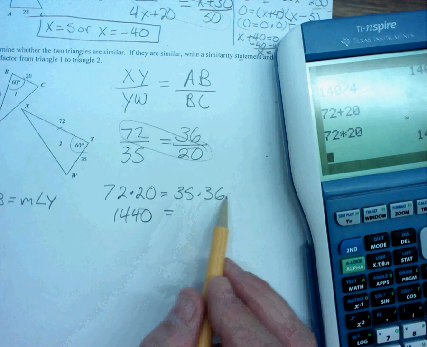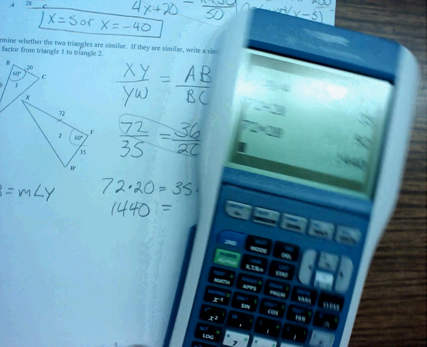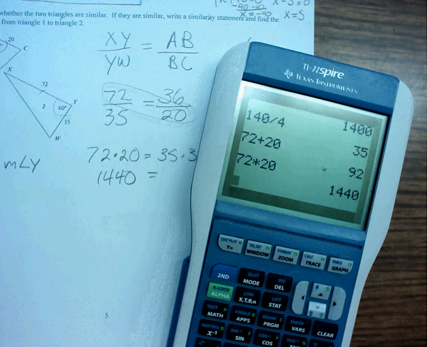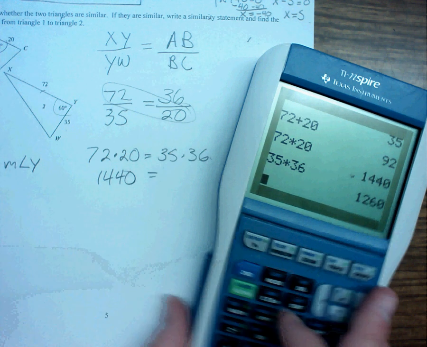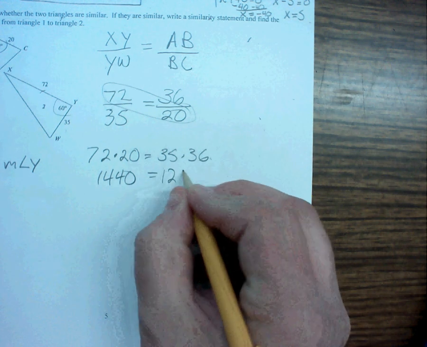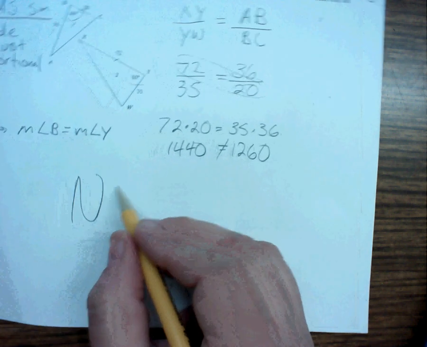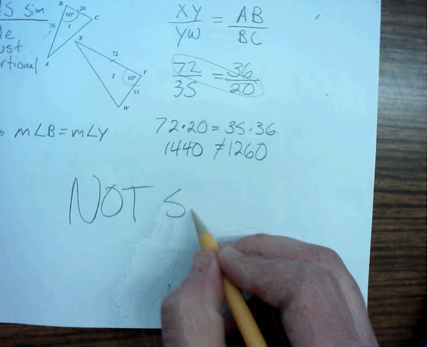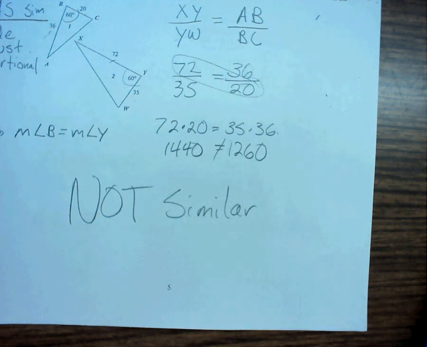Now, if 35 times 36 is 1440, well, bam, we're able to prove that they're similar. So 35 times 36 is 1260. They don't equal. Well, bam with the bacon sizzle. Not similar. Any questions on that?